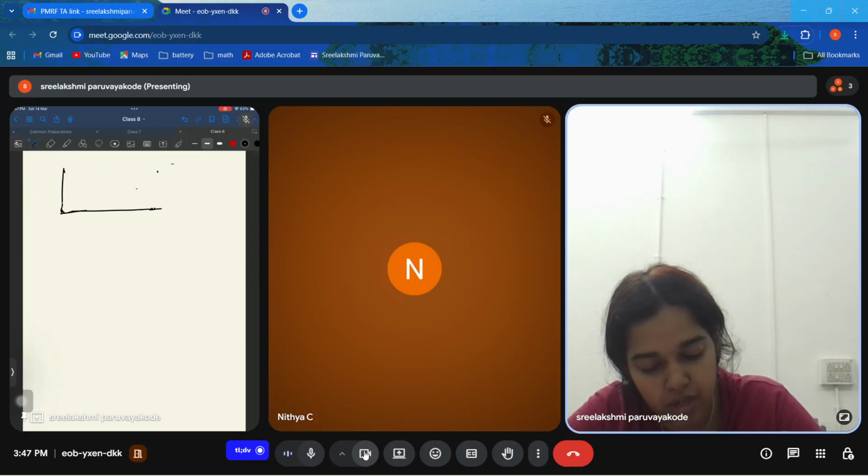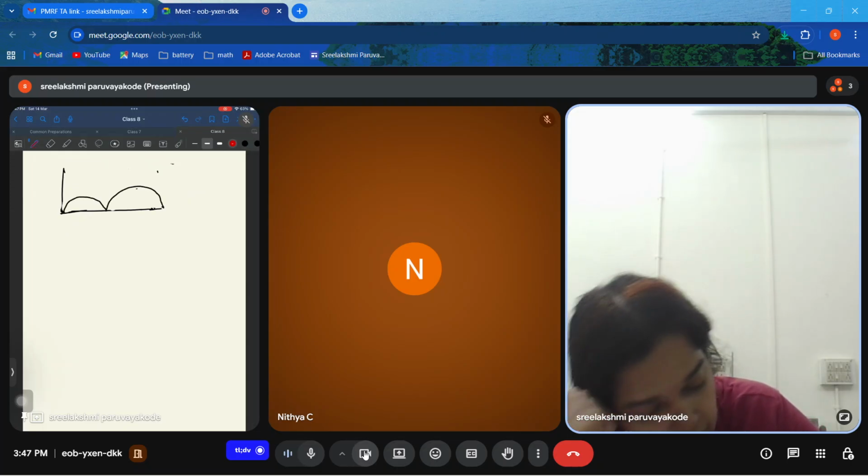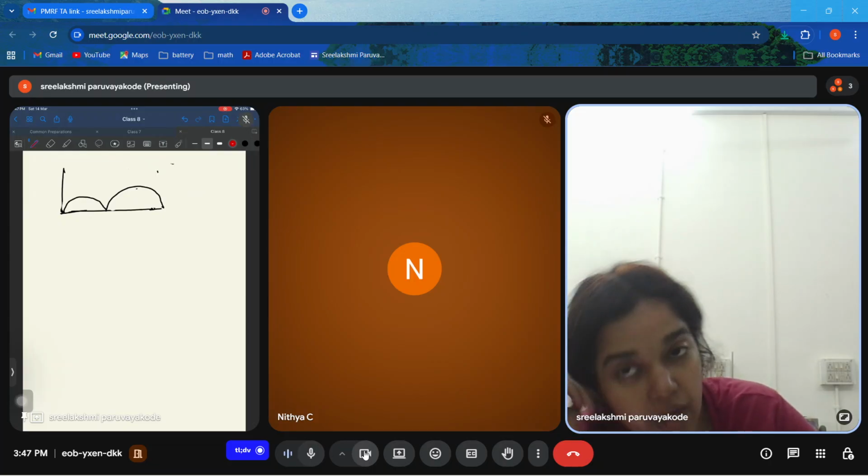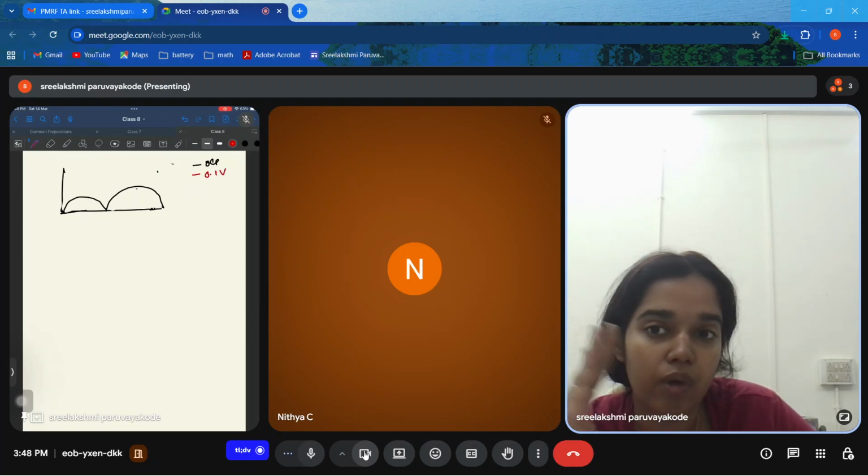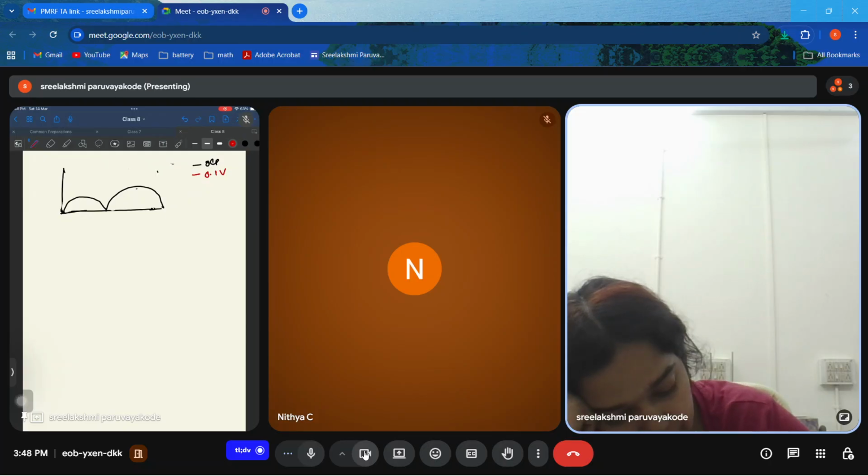So if I give it in different colors, the first one, something like this. Now when it is the next one, you are increasing the overpotential. So let me say the black one is OCP. Then the next one I'm giving 0.1 volt away from OCP.